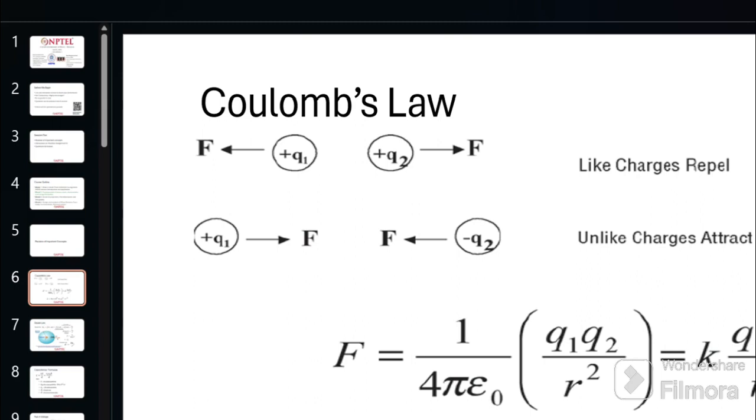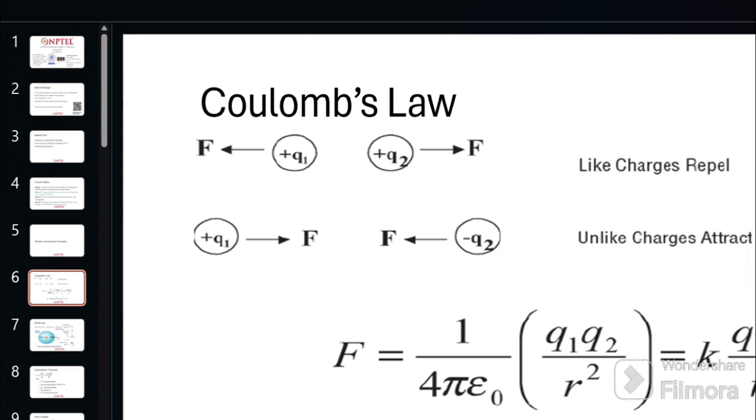The force with which these 2 charges attract each other in free space is given by 1 by 4 pi epsilon naught Q1 Q2 upon r square, where r is the distance between them. The constant 1 by 4 pi epsilon naught has a value of 9 into 10 raised to 9 Newton meter square per Coulomb square.